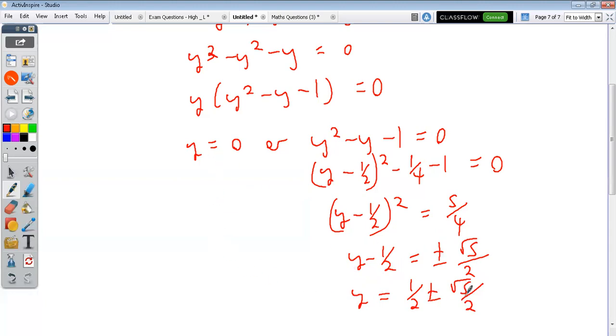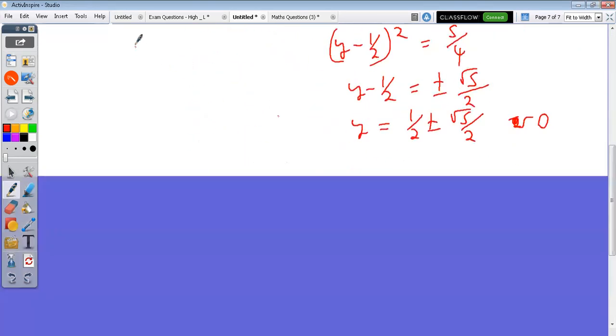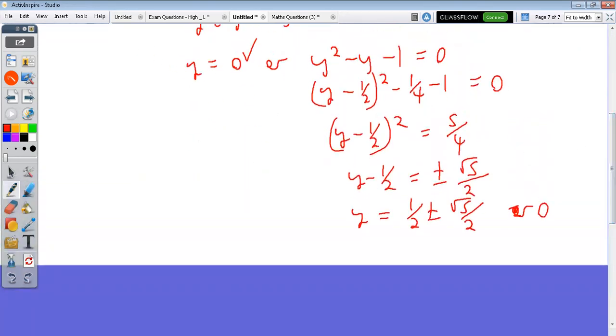But y is also equal to 0 for this here. But that's not our answer, because we said let y be equal to e to the power of x, and what we want is x. So take ln of both sides, ln y is equal to ln e to the power of x. Therefore, x is equal to ln y.